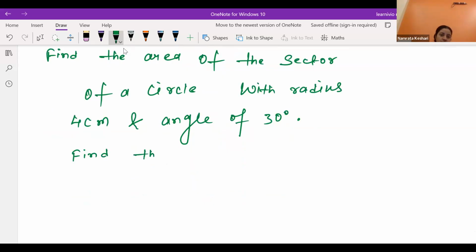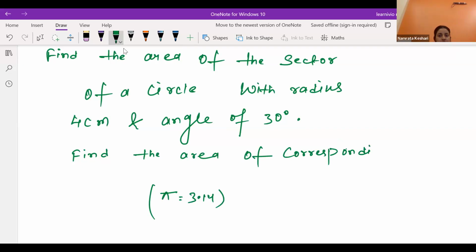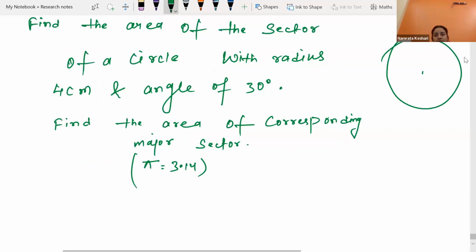Do you have to substitute pi? Yeah, I'm giving over here that you can take pi as 3.14. Please find it.